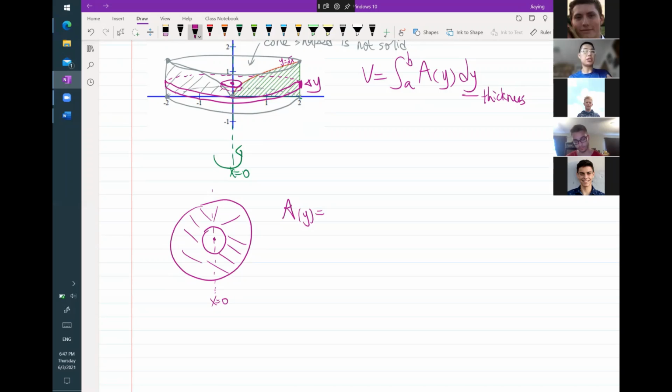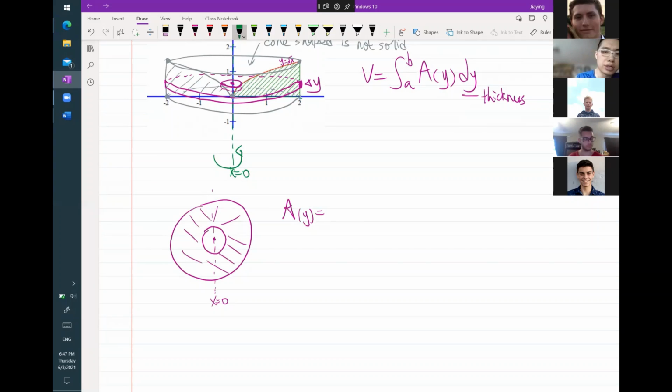Again, the cross section here, just like we had a couple examples ago, is a washer shape. So we have an outer circle, and then inside we have an inner circle that's missing. So the cross-sectional area is equal to the area of the outer circle minus the area of the inner circle.